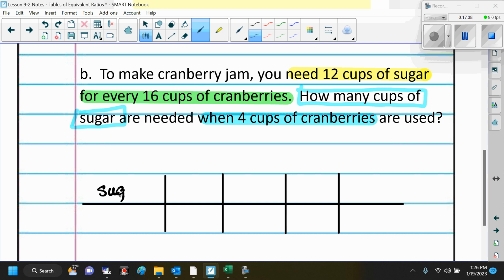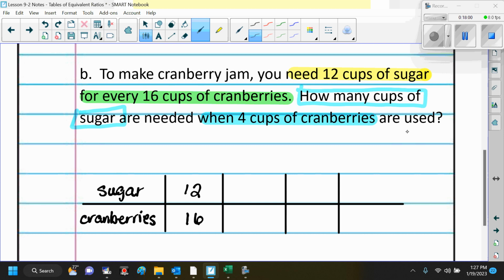So, cups of sugar. And in the bottom left, we're going to write cups of cranberries. Good. What's my first ratio going to be? 12 to 16. Very good.